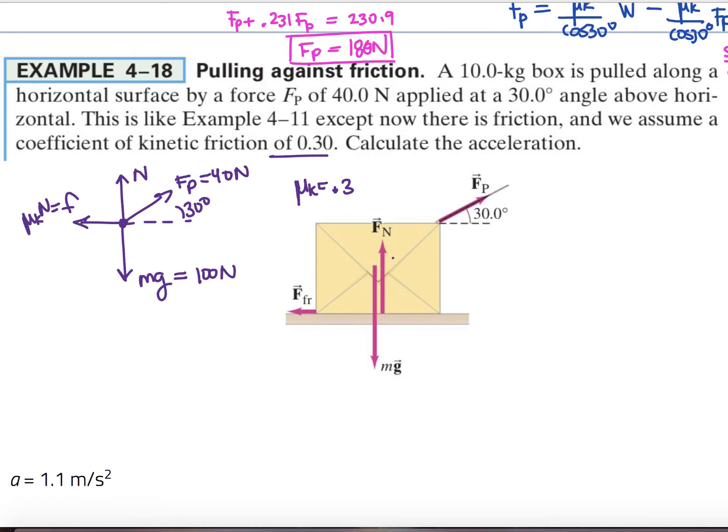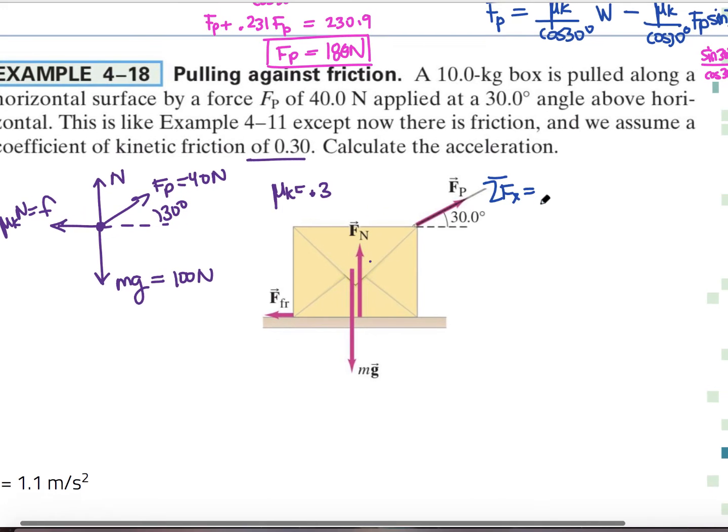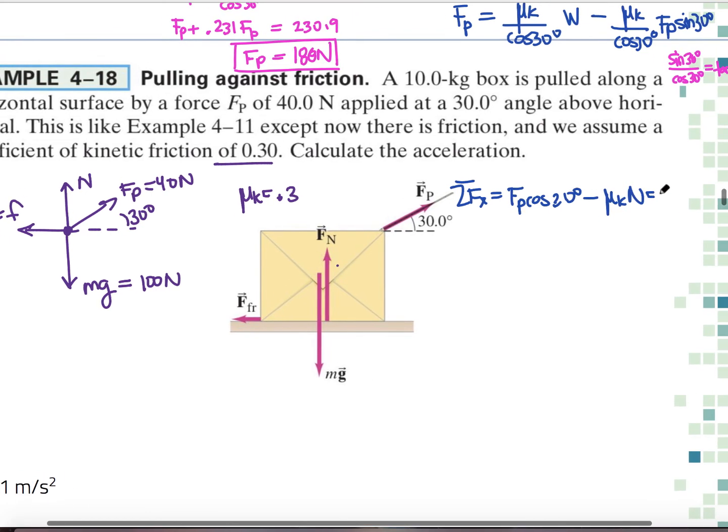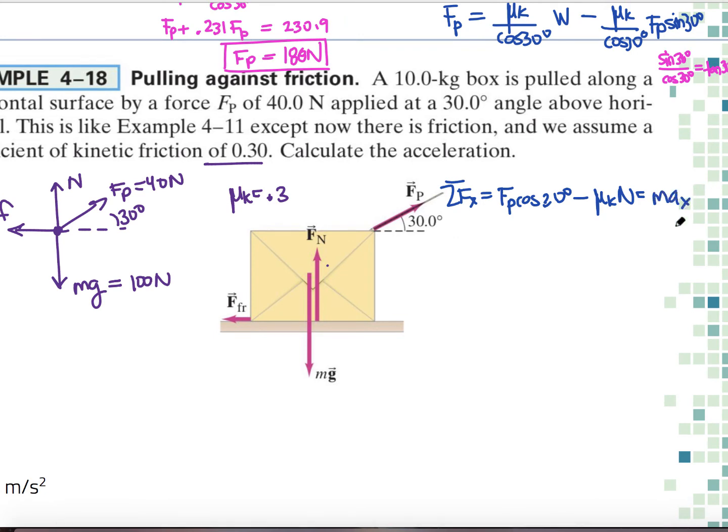So let's calculate the acceleration. Well, all we're going to do is sum the forces in the x and sum the forces in the y. In the x direction, just like the last problem, I have force pull cosine 30 degrees minus mu k times normal force equals ma in the x direction. Now, in this case, my acceleration is not 0, so I have to leave this as it is.